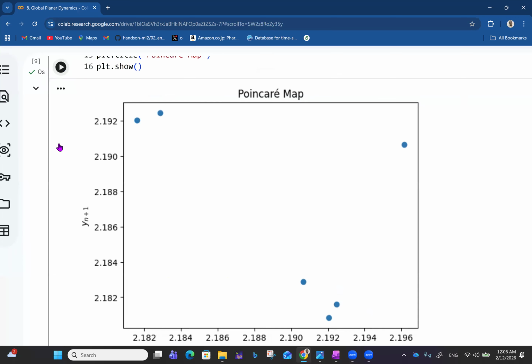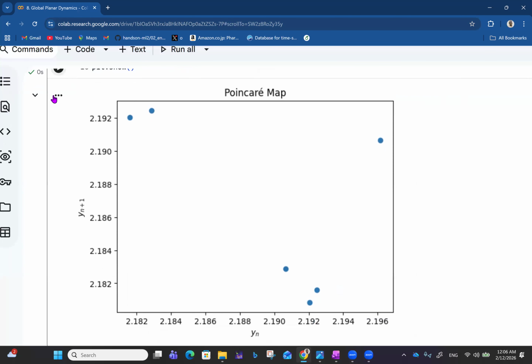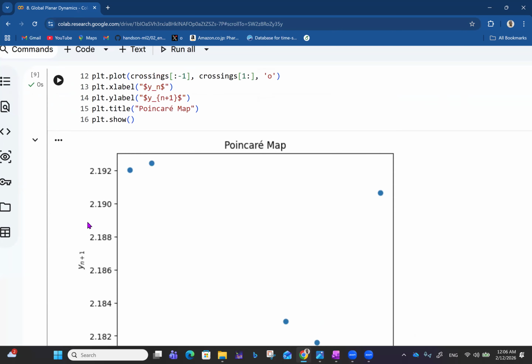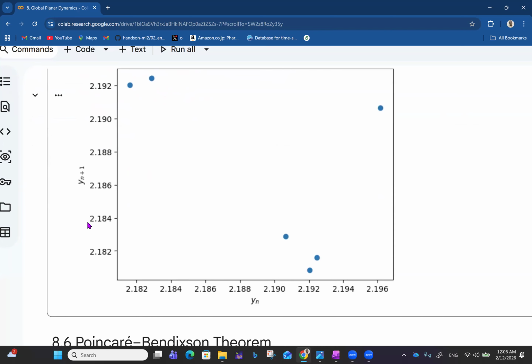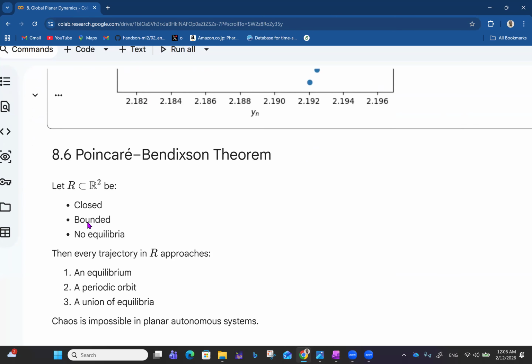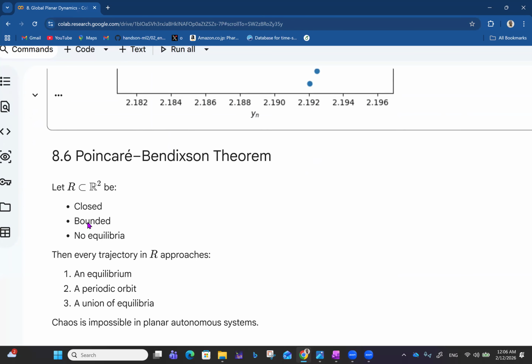We just have these points scattered all over the place. That shows us the Poincaré map for Yn, from 2.182 to 2.196, same on this side, so you have Yn to Yn plus 1, like that. Then we talk about the Poincaré-Bendixson theorem.